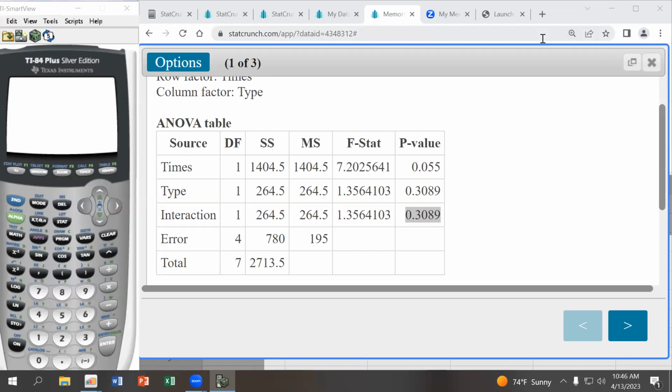We are going to reconstruct that table using the calculator.